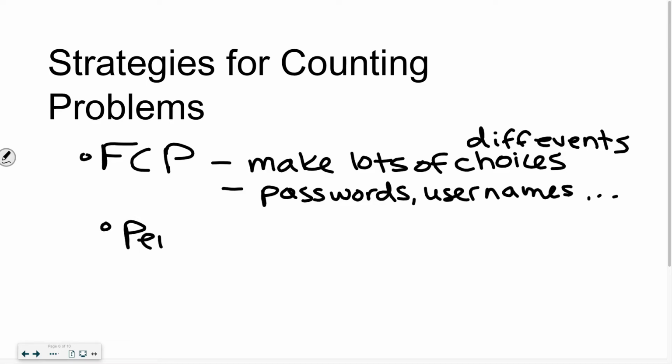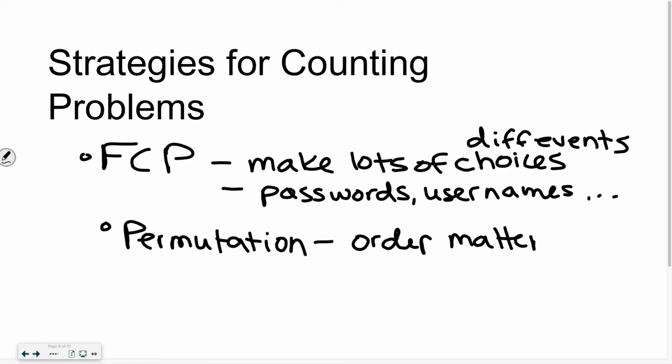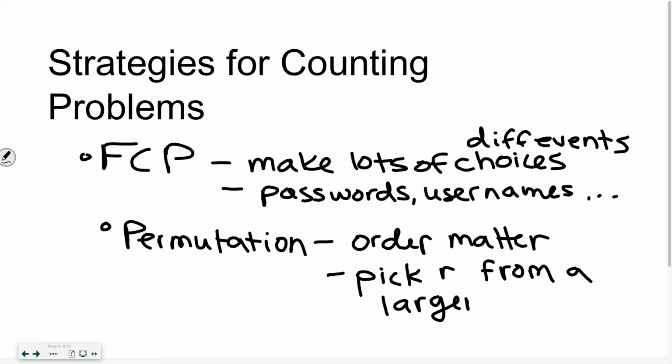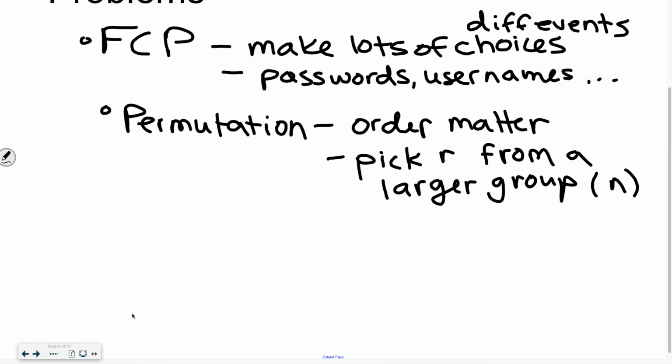Let's see, permutation. I think about permutations when order matters, when I'm picking R from a larger group, that would be out of N. Combination: order doesn't matter.